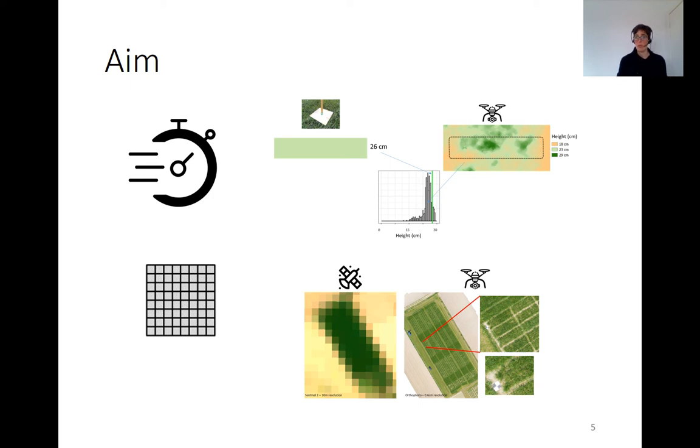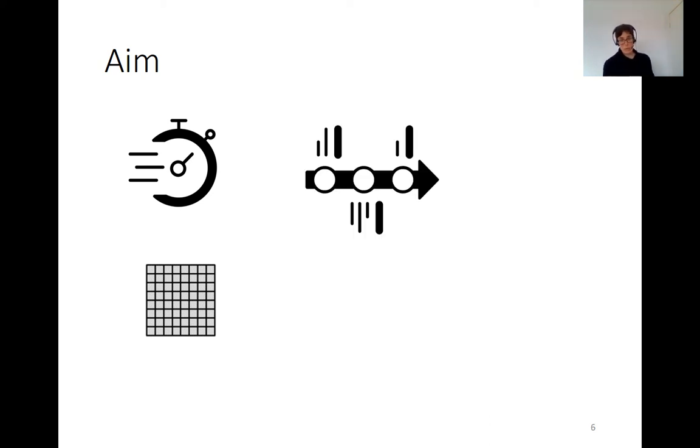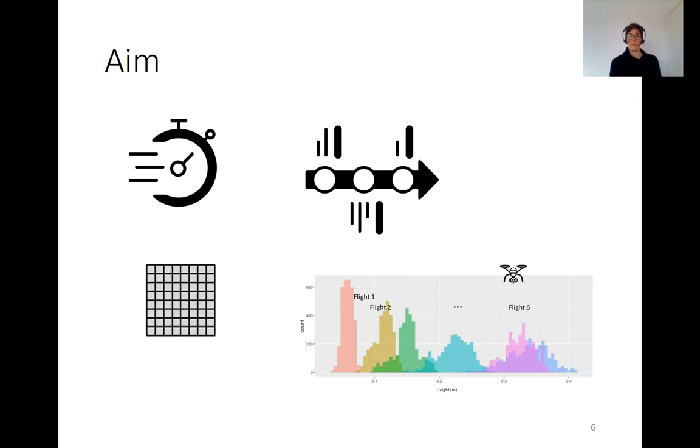That's why we tend to use a drone, which provides us that high detailed and high resolution imagery. And also this tool allows us to go as frequently or as often as needed to monitor the crop, and we can see the evolution of the crop, for example here in terms of height, in the different flights that are carried out through the growing season.